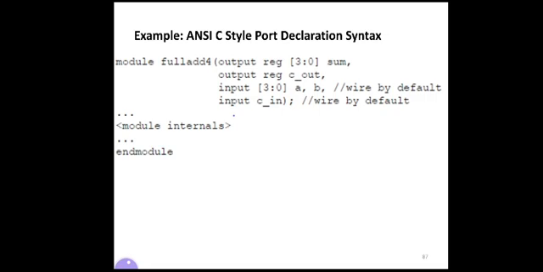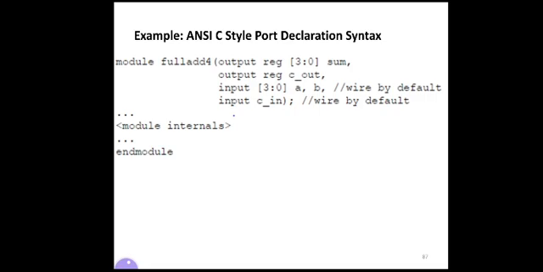To avoid that, we can use the ANSI C style, in which the declaration itself is done within the module header: output reg [3:0] sum, output reg c_out, input [3:0] a, b, input c_in. Observe this example and the previous example, and you will come to know the difference.